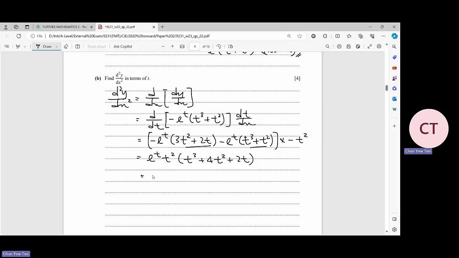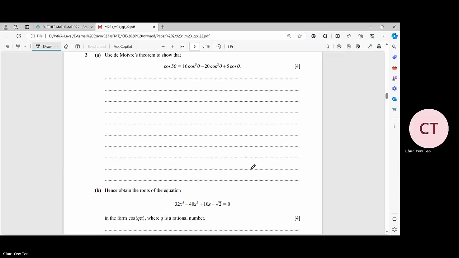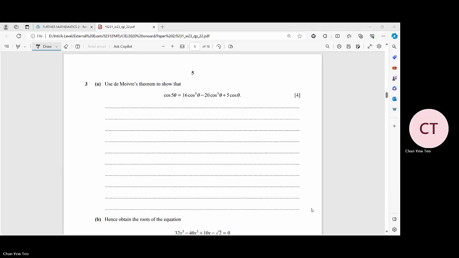Over here, if you want a better form, you can factorize another t out, making it t³ here, and this one t² + 4t + 2. That will be your second derivative, d²y/dx², for part B. Move on. It will be question number 3.